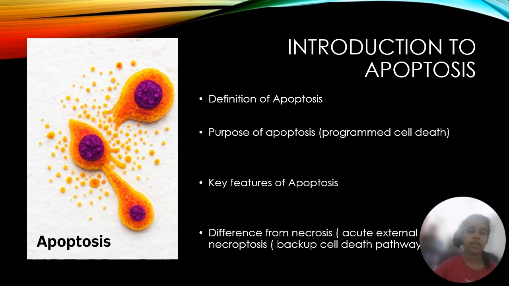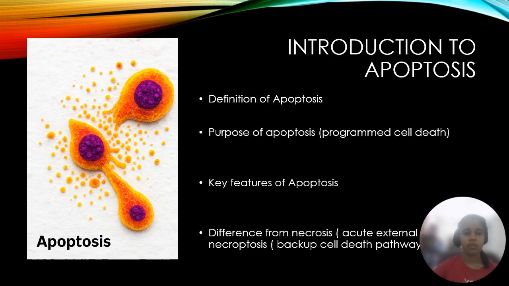It is done through phosphatidylserine, which is normally present in the inner leaflet of the membrane. That phosphatidylserine gives the signal to remove these cells that have died through apoptosis, so they will be removed.